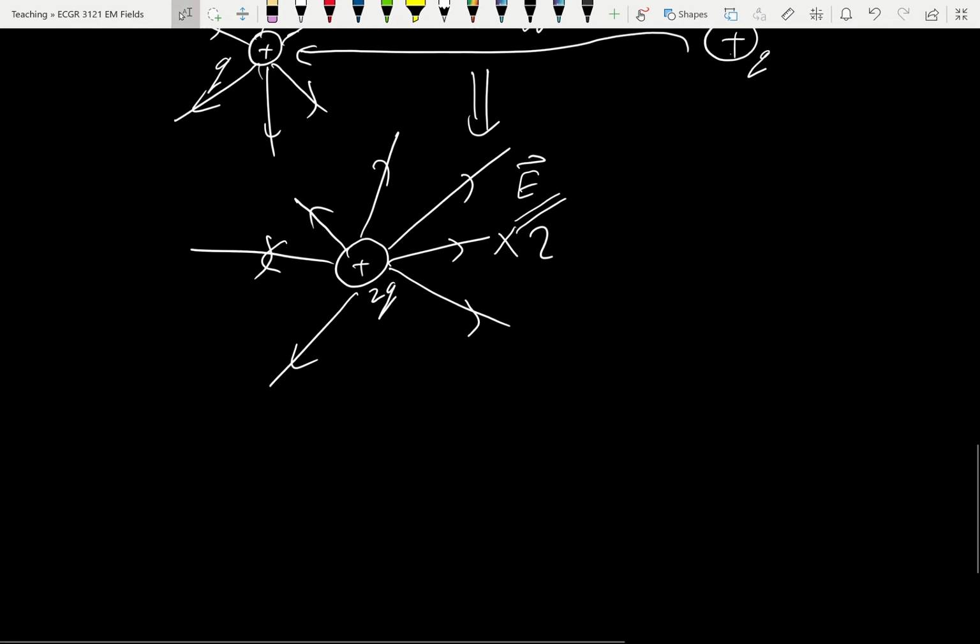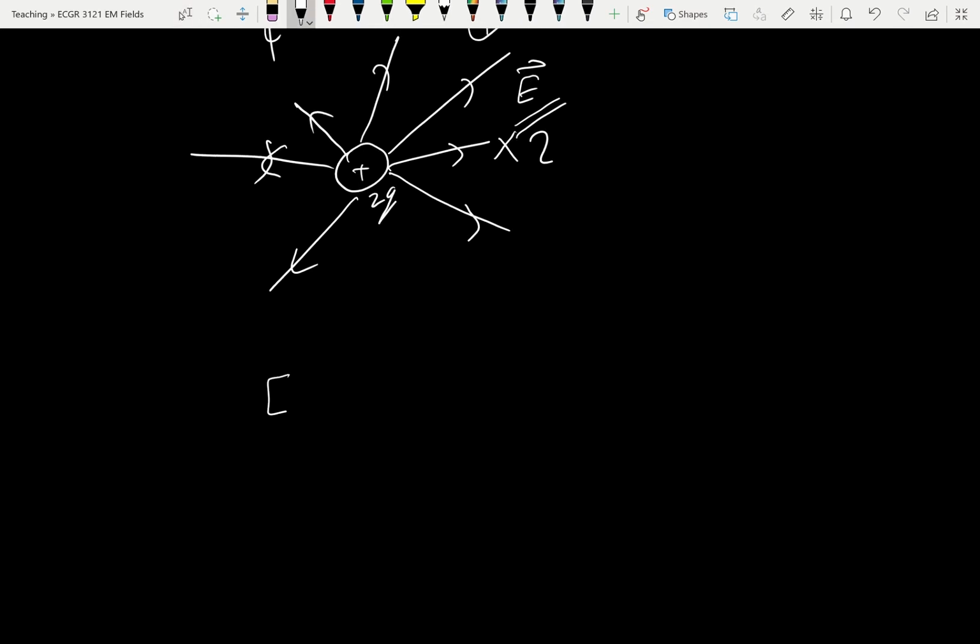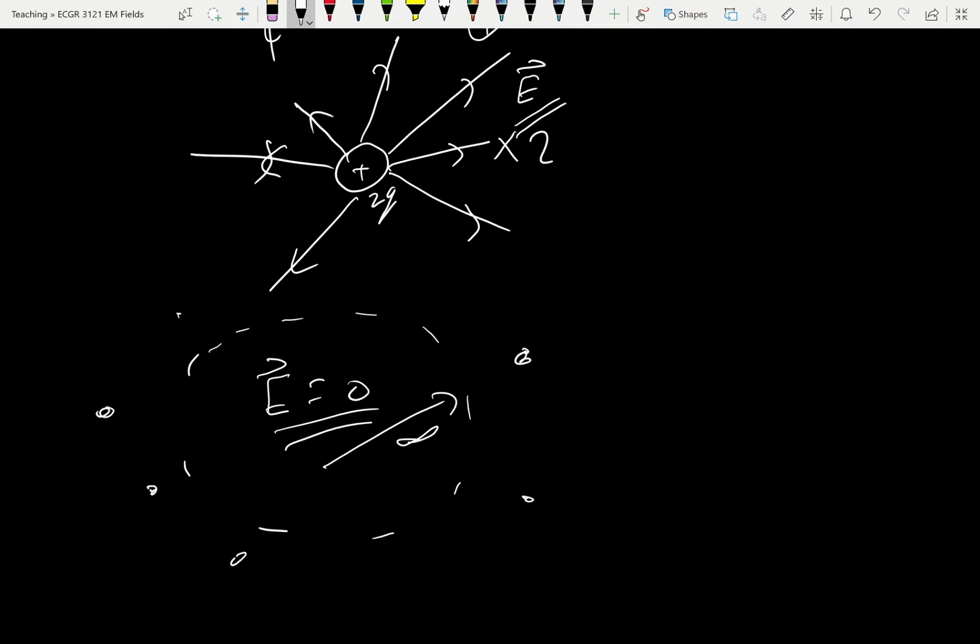And that's why if I have an electrostatic field of 0, what does it mean? That means that there are no charges anywhere, or all charges are at infinity. So I assume that I have a boundary at infinity, and all the charges are beyond infinity. In that case, the total field inside the universe will be 0, and clearly, such a situation will have no energy. So E equals 0 means energy equals 0.